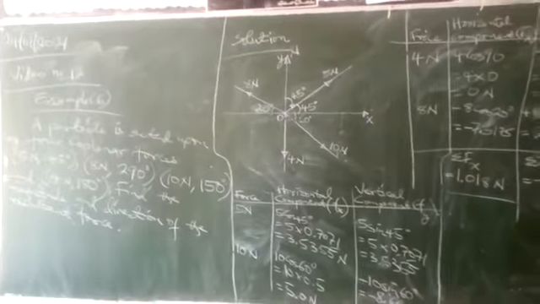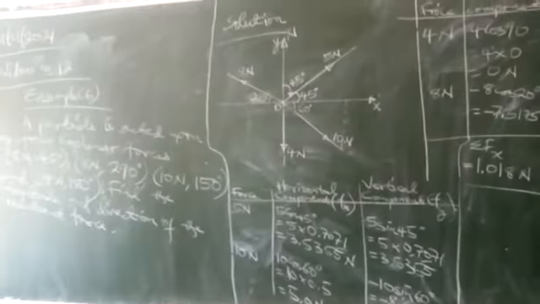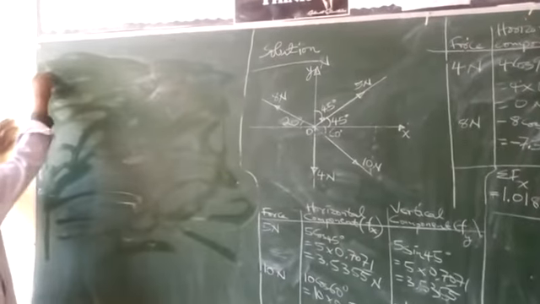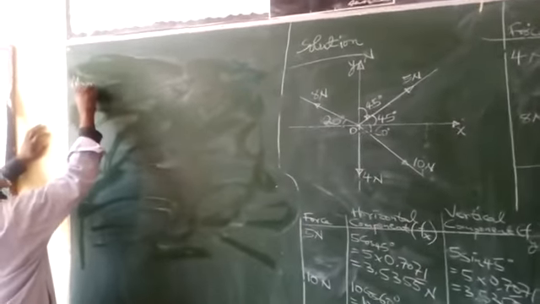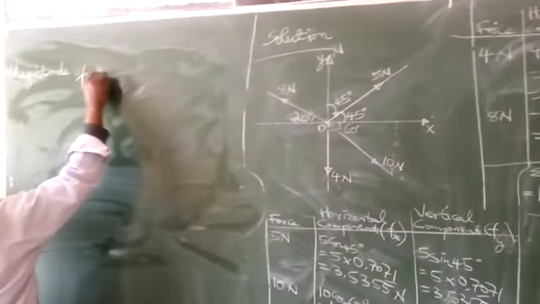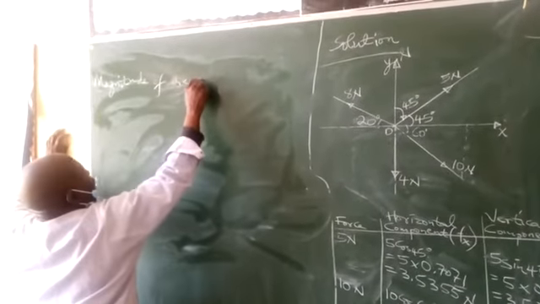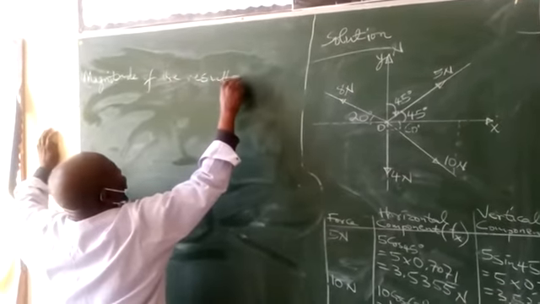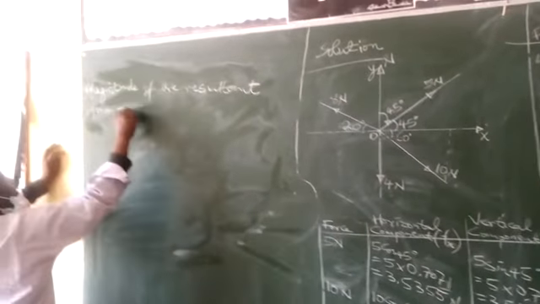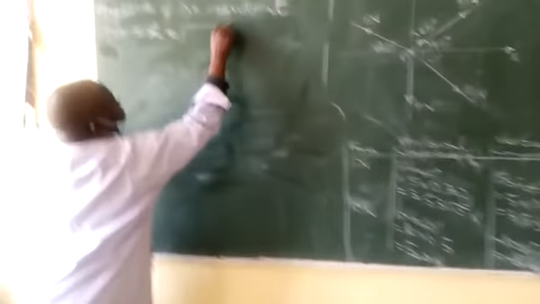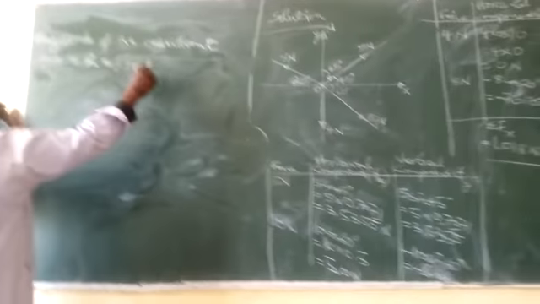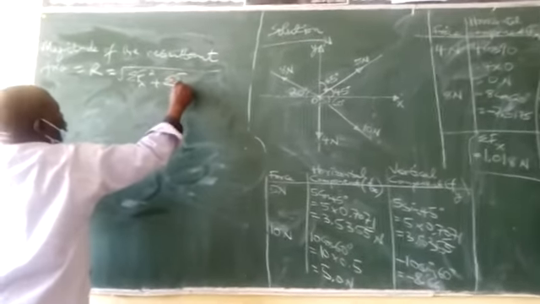Find the resultant. To find the resultant force, the magnitude of the resultant force is R, which is equal to the root of summation F of x squared plus summation F of y squared.